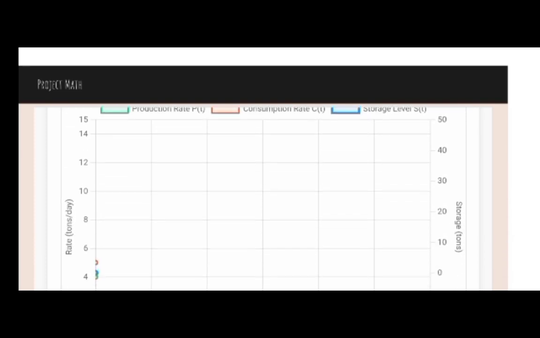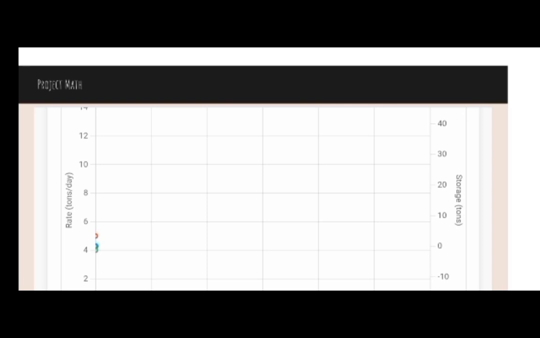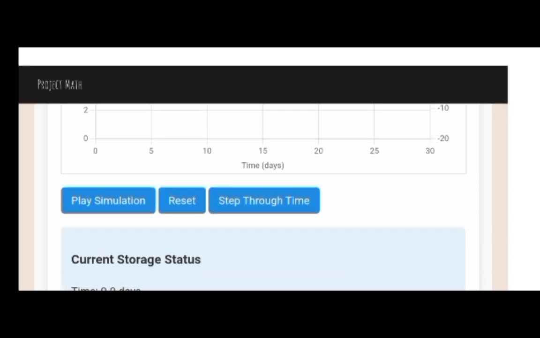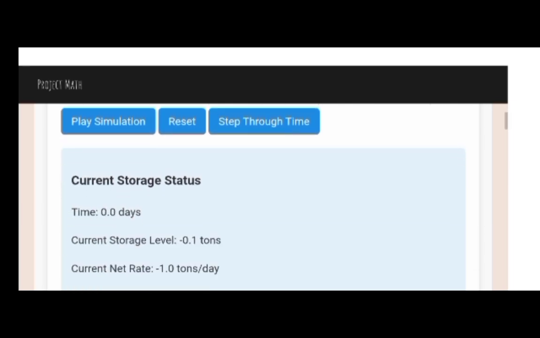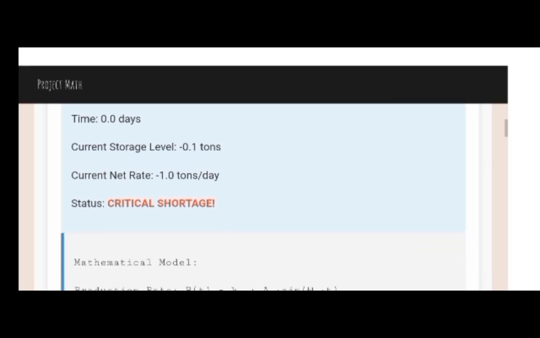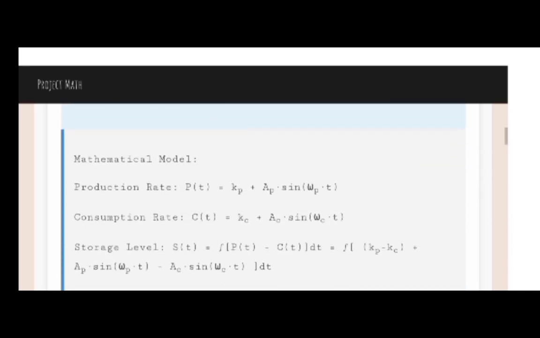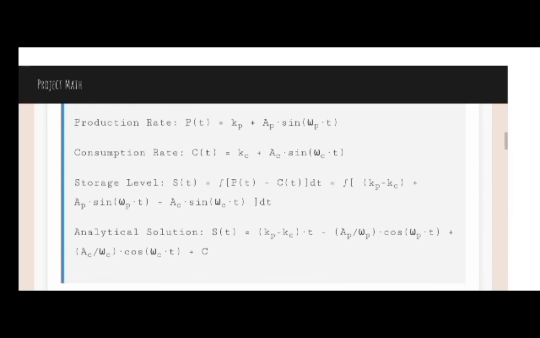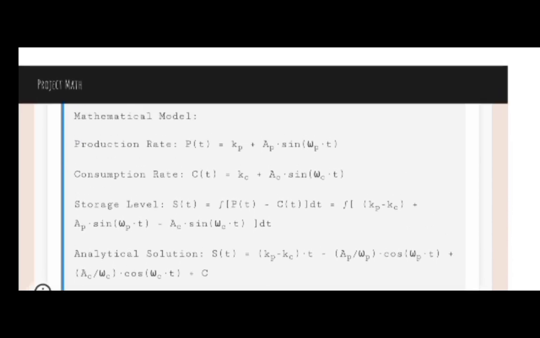Next, we can also learn about optimizing resource use, which is calculus used in optimization problems to help minimize waste or maximize yield. Lastly, we can also learn about mass balance over time. In mass balance simulation, calculus helps track how mass accumulates or depletes in a system continuously.